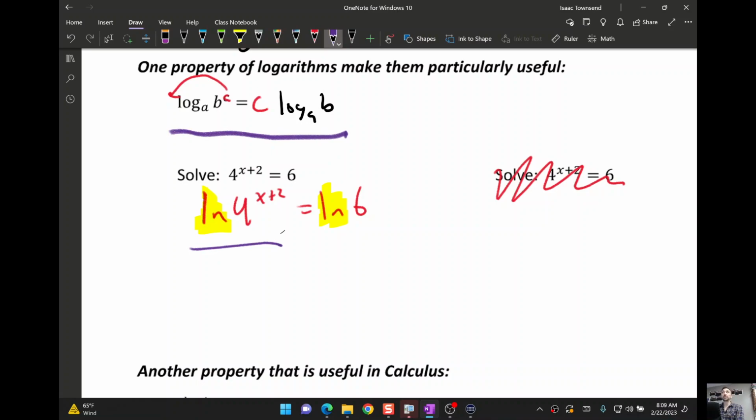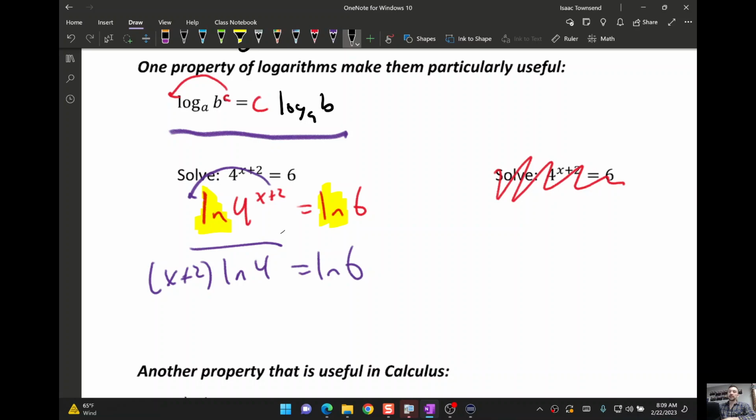Now x plus 2 is an exponent on something I'm taking the log of, so x plus 2 can come down out front. That's the only algebra trick that we have to get something out of the exponent like that: make it a logarithm and then apply the property that if it's an exponent on something you're taking the log of, bring it down.